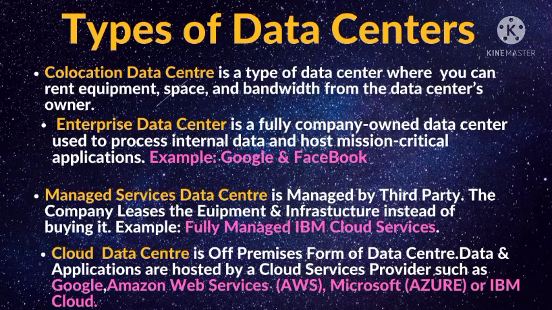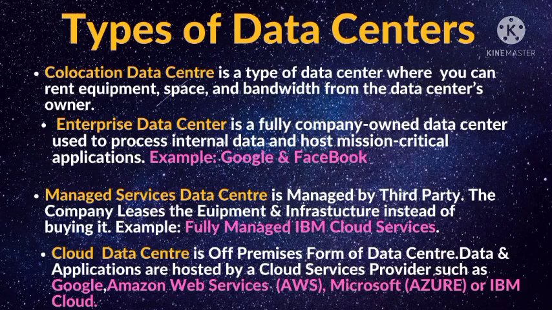Example: fully managed IBM cloud services. Now, cloud data center is the most modern and expensive. It is an off-premises form of data center. Data and applications are hosted by a cloud services provider such as Google, Amazon Web Services, Microsoft and IBM Cloud. You have heard the name AWS.